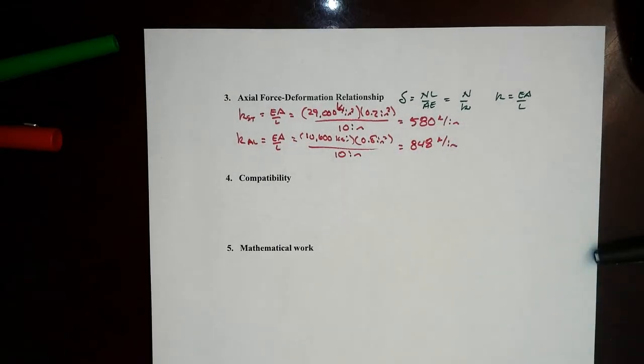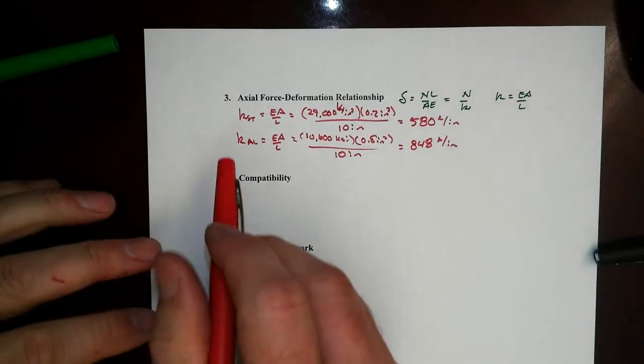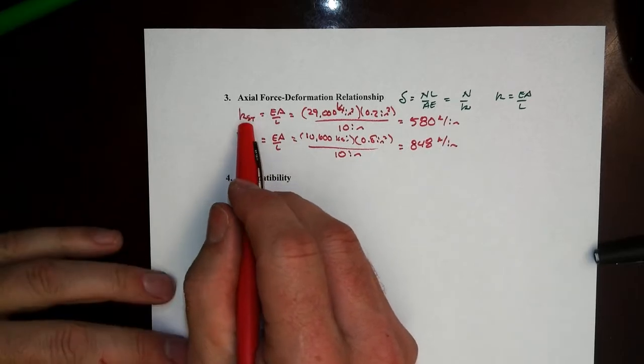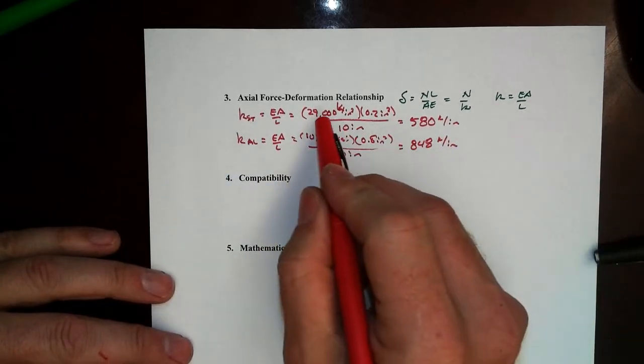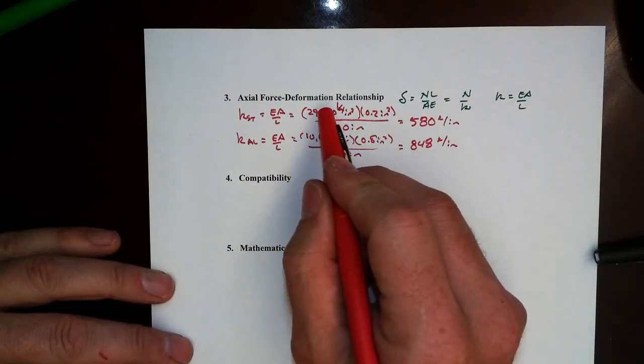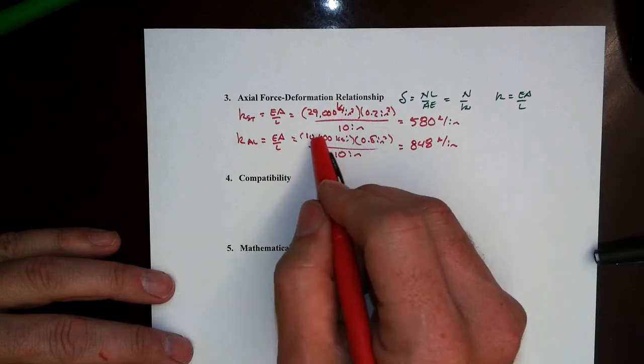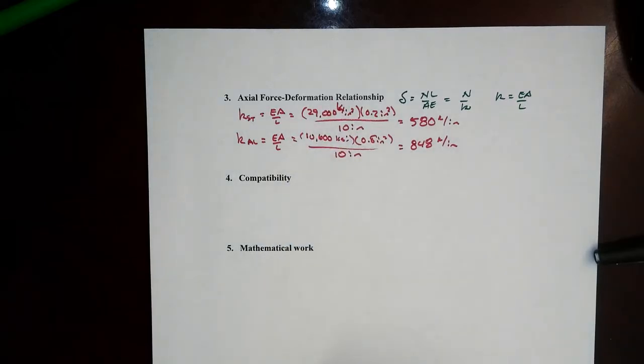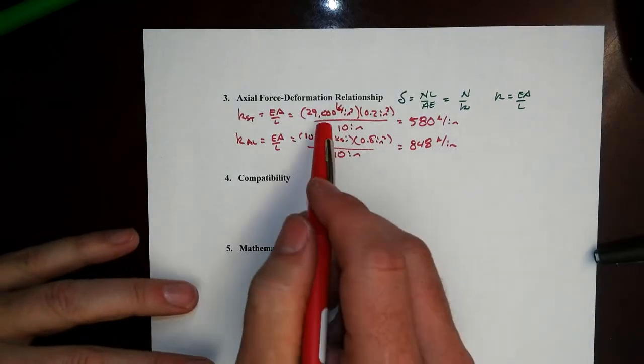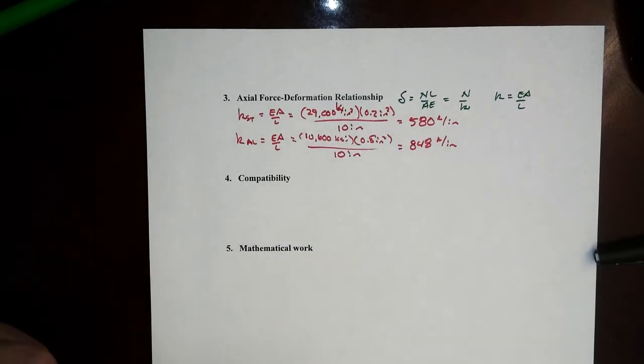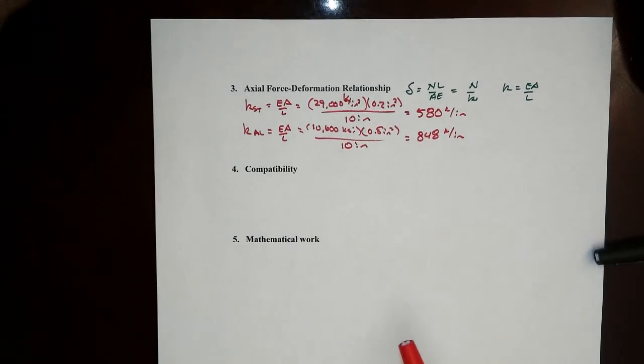So the aluminum rod is actually stiffer than the steel rod, even though materially the steel is 3 times as stiff as the aluminum is. So it's the combination of all of this, EA and L, that matters in terms of the various values of stiffness.